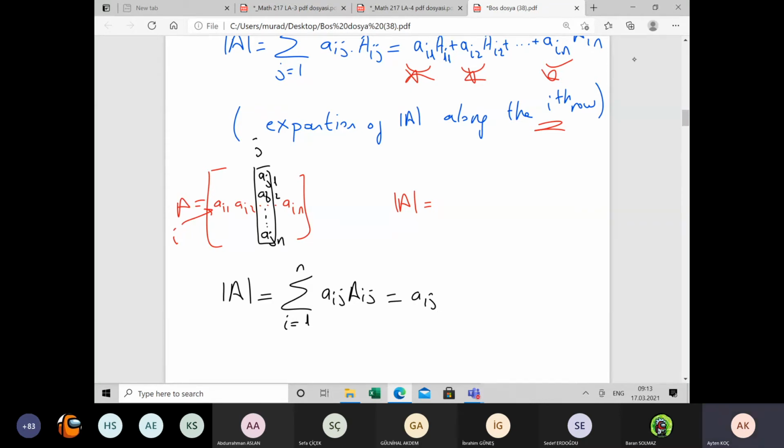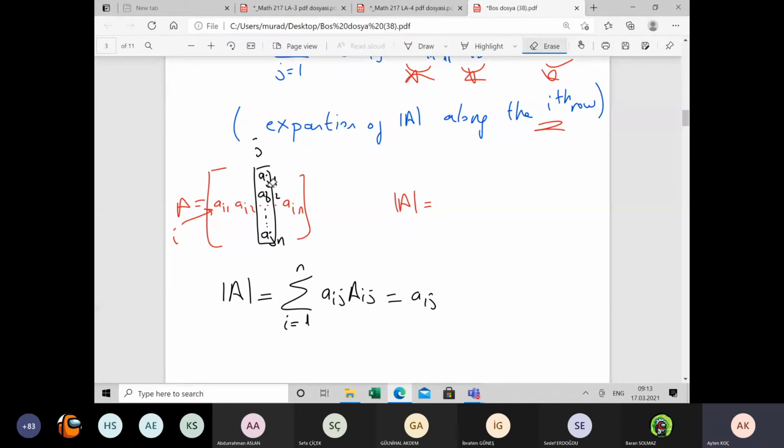Oh, notation here it is not true. Not J1, because the first row, J column, is 1J. Sorry, this one is 2J. This one is the last entry of the J column, in the last row and J column.